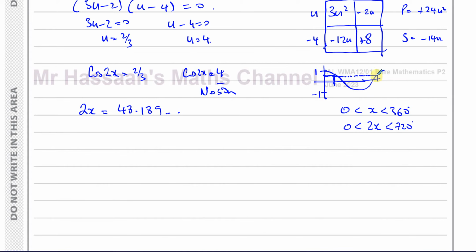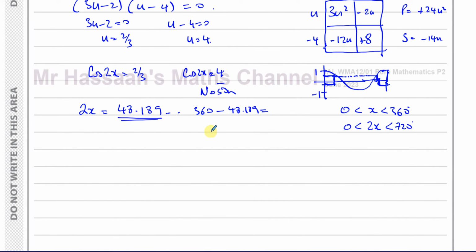So this is one of those angles: 360 minus 48.189. That's the other main angle. The first main angle is what you get by the calculator, and the other angle is 360 minus that angle. If this is 360 here, this distance is also 48.189, but it's that much less than 360.